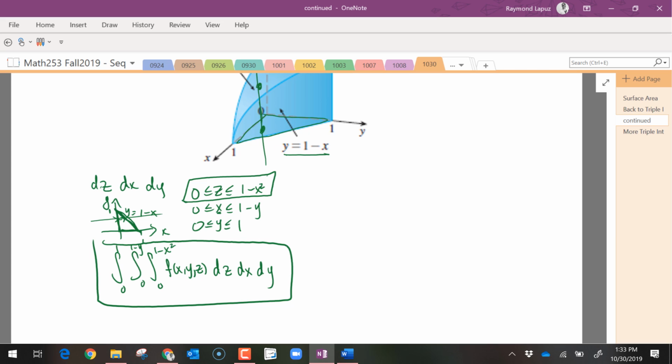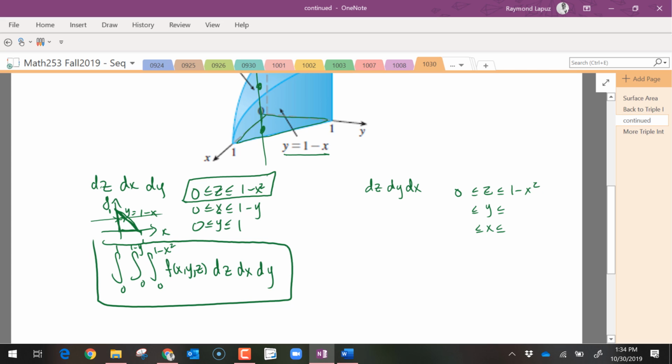Okay, and almost just as easily, we can do dz dy dx. Where we would approach it the same way. The z is going to be the same, 0 to 1 minus x squared.